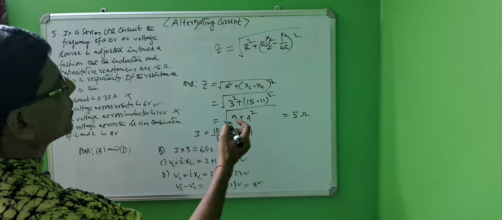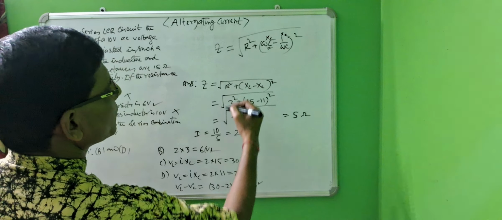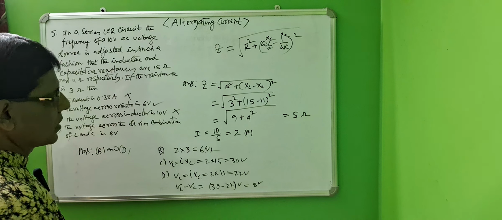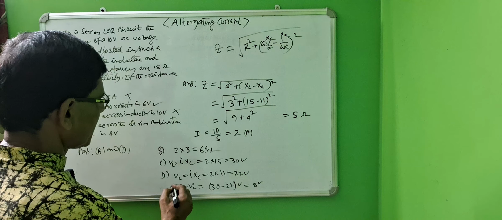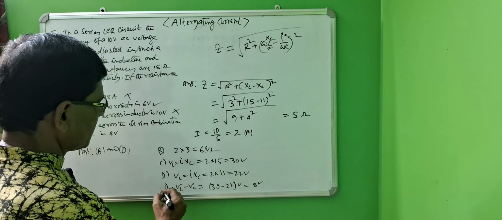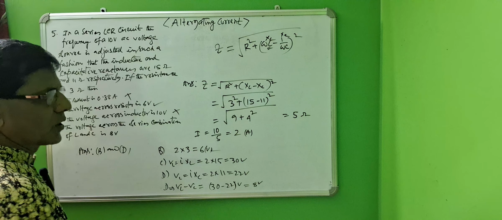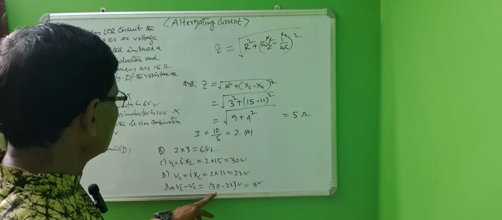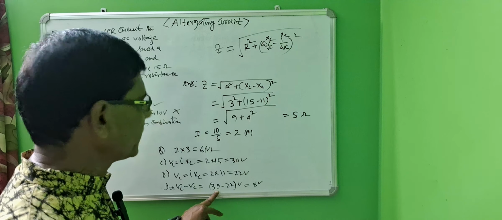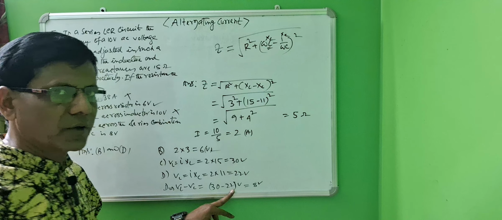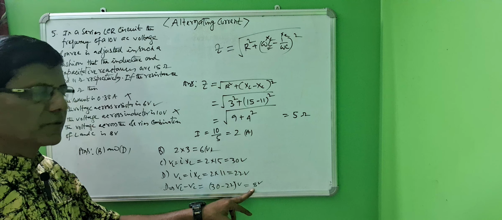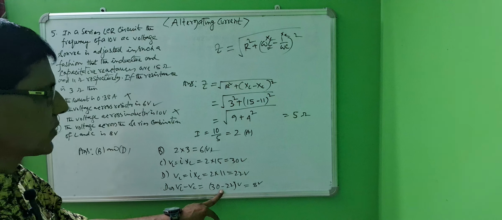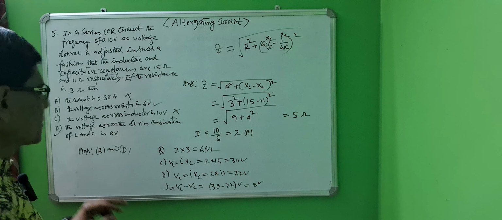Because the XL minus XC term comes in the impedance, and likewise the VL minus VC term comes from the inductive and capacitive reactances. So this one is 8 volt, and the minus sign is present here, so 8 volt. The answers are B and D.